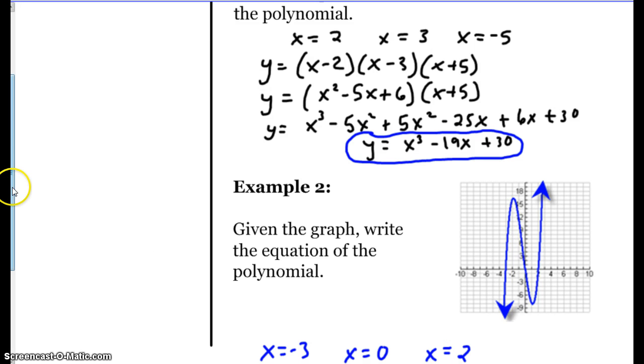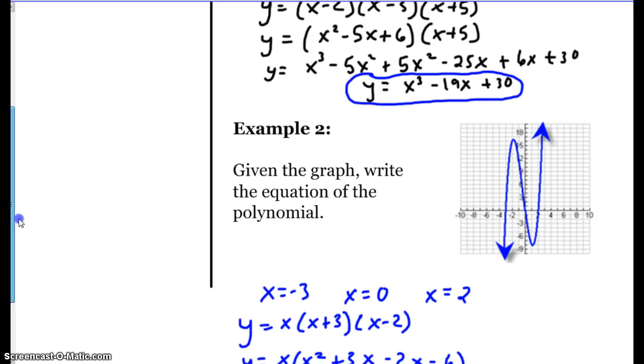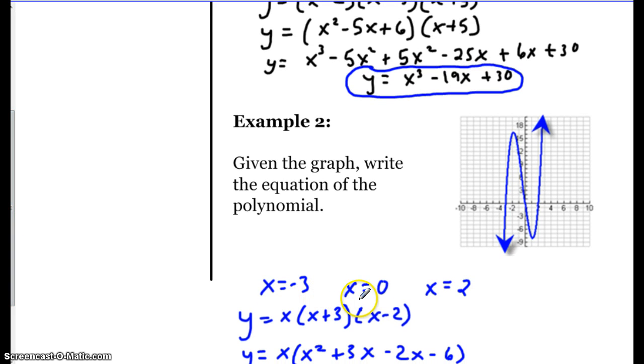Now our next step would be to write them as factors. This factor is already set equal to 0, so that was a little less work. That's our first one. Then we want these two to set equal to 0, so I had to add 3 to both sides for this factor and subtract 2 from both sides for this factor.